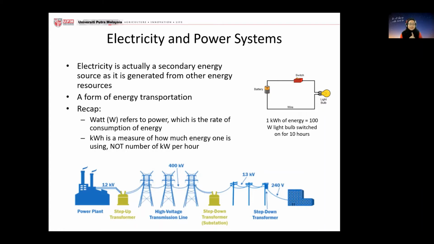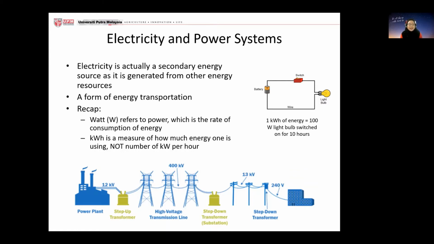So just keep that in mind, especially when you look at your electricity bill. It's always going to be in the form of kWh, right? Because that is actually the amount of what you use, right? So basically, that is with regards to what we use, right?